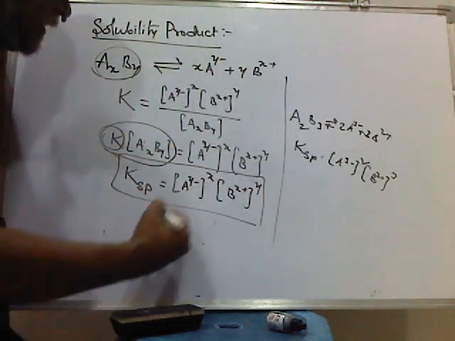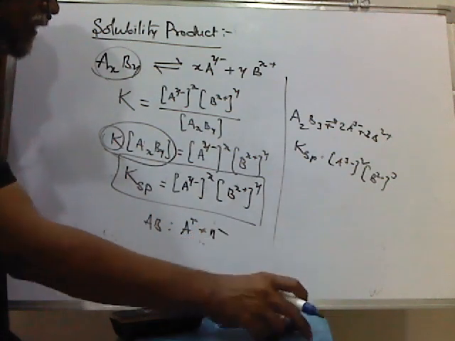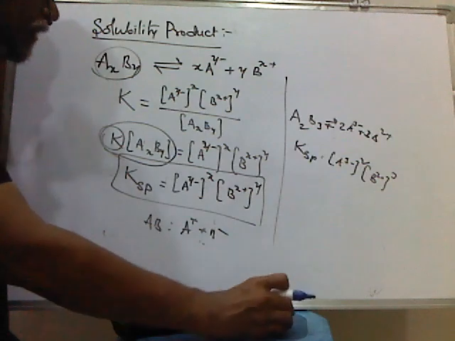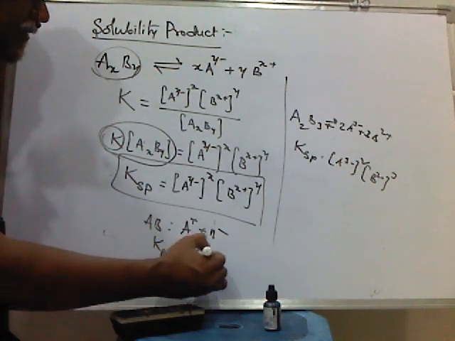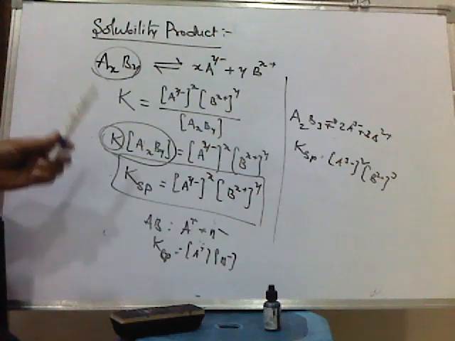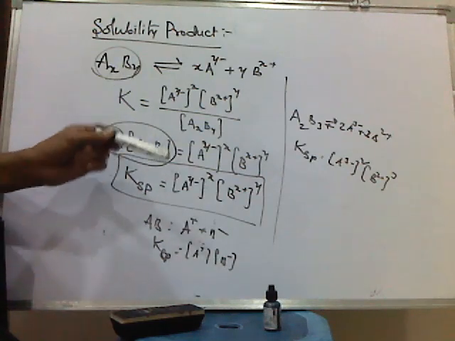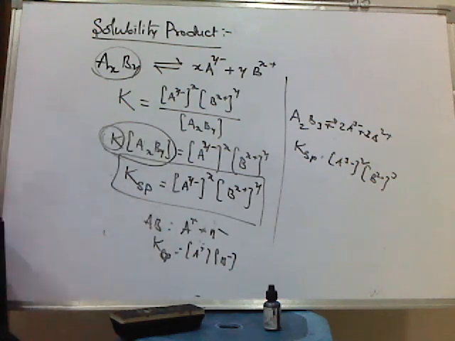If you take an AB type of salt, where A gives A+ and B gives B-, then Ksp is equal to [A+][B-]. So solubility product is the product of the concentrations of ions present in a saturated solution.